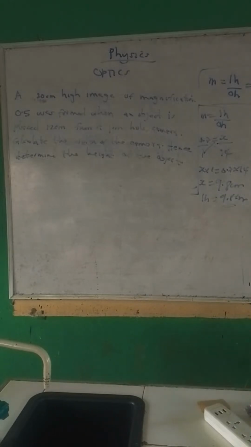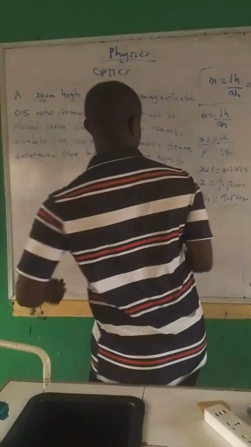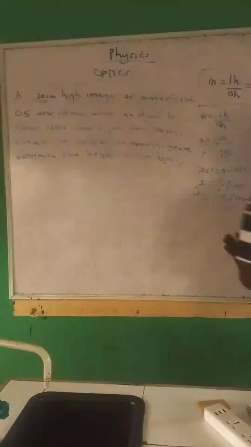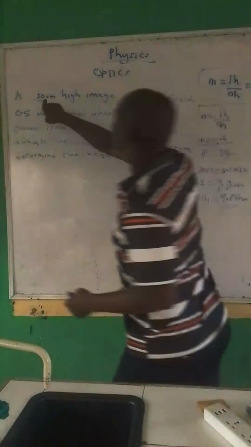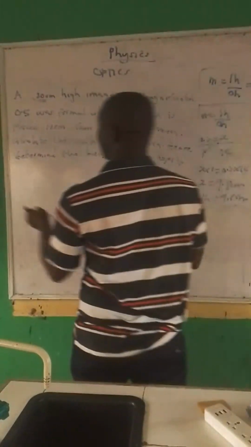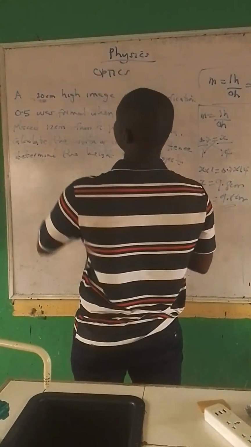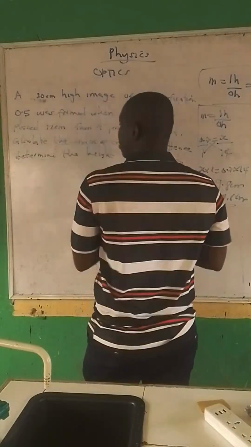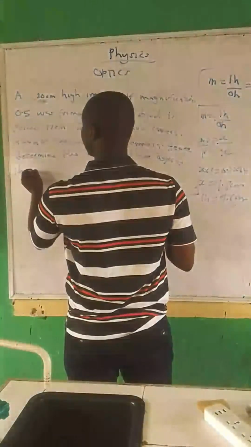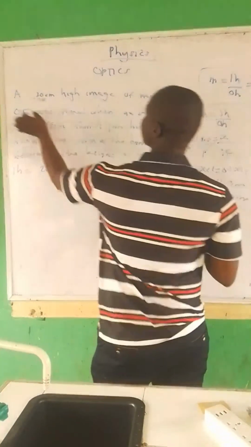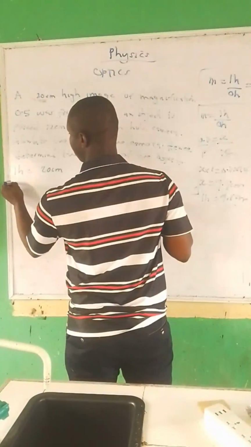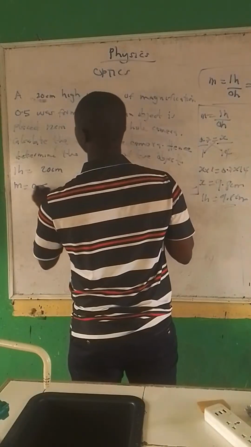All right, let's continue. So we have that, all right? A 20 centimeter high image, that means the height of the image. Image height is what? 20 centimeters. Of magnification 0.5. M is what? 0.5.